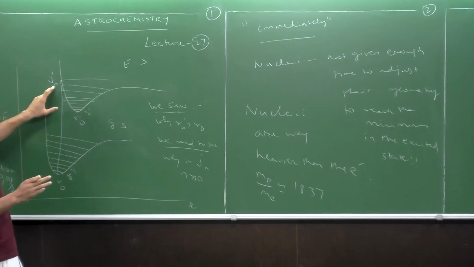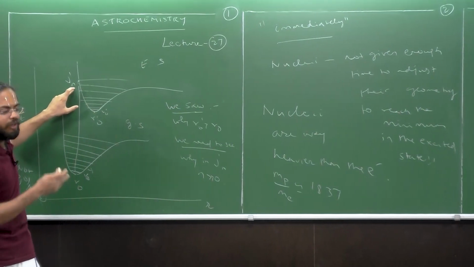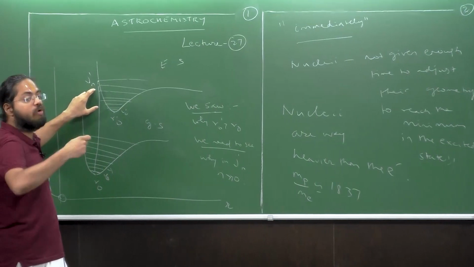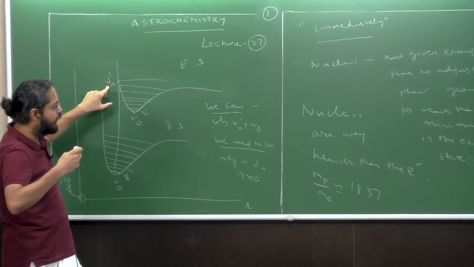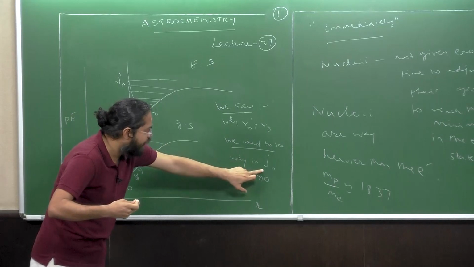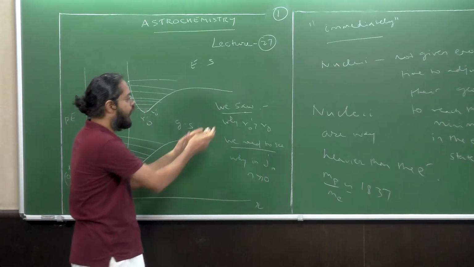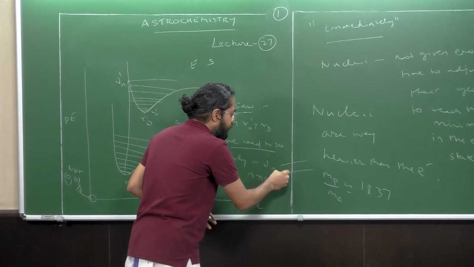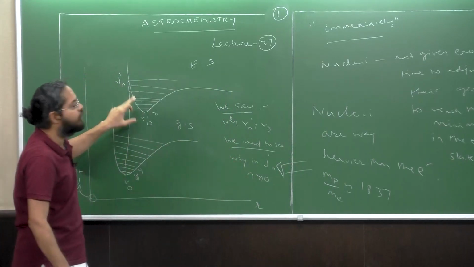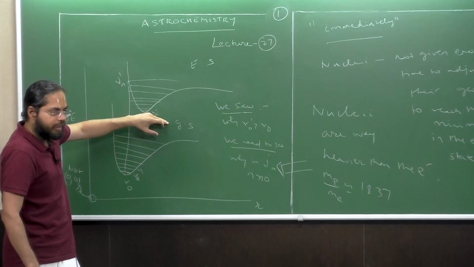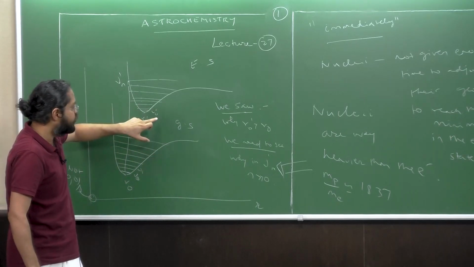You end up in a more excited vibrational state, and that is why your n is much greater than 0 in nu n dash. So the answer to this question is that typically the nuclei take much more time to adjust to reach the equilibrium state, which corresponds to nu dash naught.